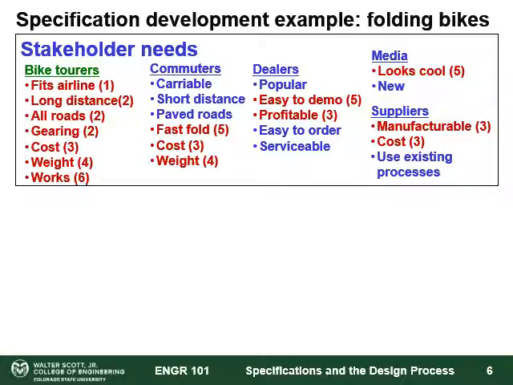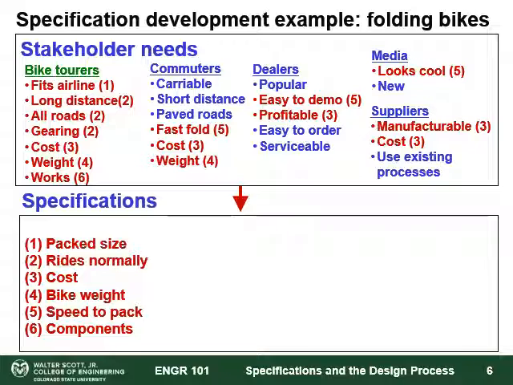You see how I've numbered everything on that list, and those numbers for the items that I've marked in red are the 6 specifications that I identified for folding bicycles as being the most important. So here is that list, the way that I have summarized it. So it includes packed size, which is whether it fits in an airline case or not, and you see that's the number 1 above.